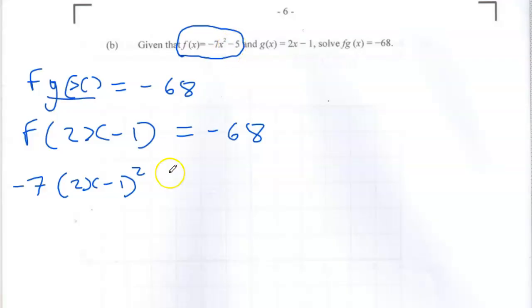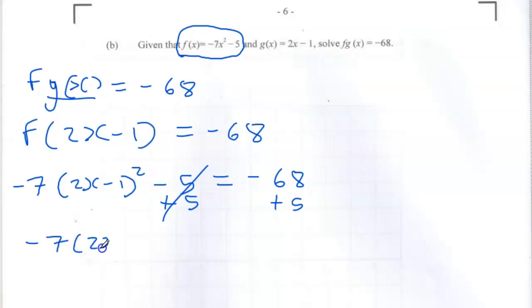And then remember the minus 5 equals negative 68. So in solving this, we can get rid of the negative 5 by adding 5 to both sides. So we're left with minus 7 times 2x minus 1, all squared, and negative 68 plus 5, that's negative 63.